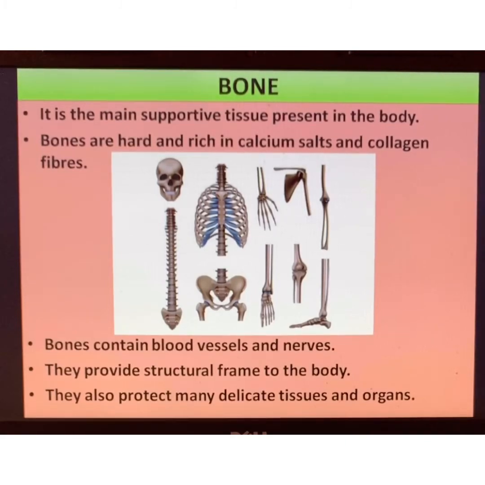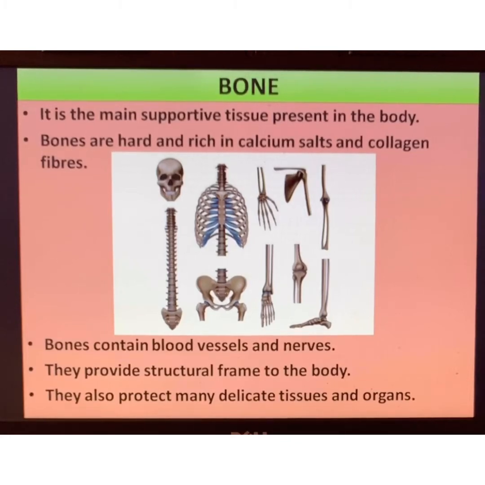Now bones are very hard, that all of you are aware. And why are they hard? Because there is deposition of a lot of calcium salts. In fact, phosphorus is also there, and collagen fibers. You remember collagen? Collagen is the most abundant protein present in the body, and collagen fibers are inelastic.